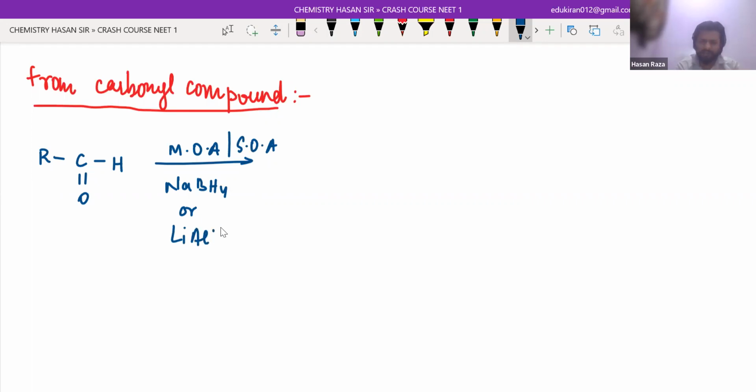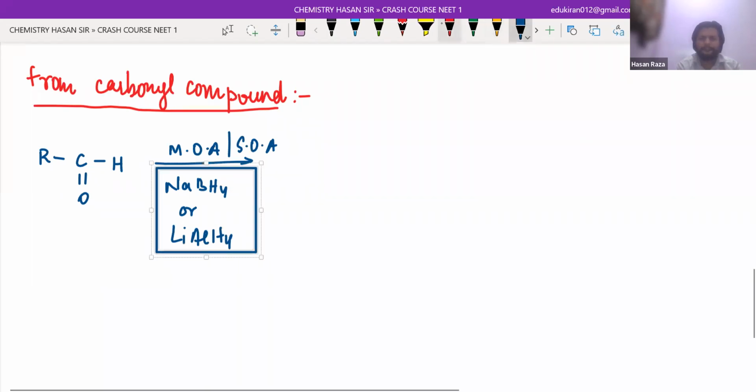I'm so sorry. These are all reducing agents. So I'm going to change this. In place of OA, I'm going to write SRA, that means strong reducing agent, and mild reducing agent.